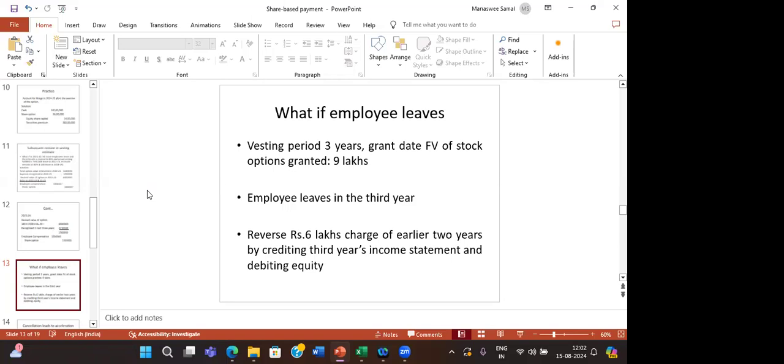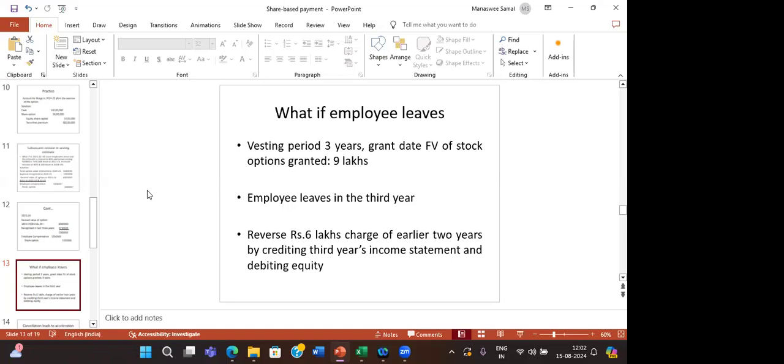Let us assume we have given a vesting period of 3 years and just to one employee, just to conceptualize. The significance of telling that is, for one employee, because I have already accounted for, then the employee is leaving, then this example fits in, otherwise it would not be the case.